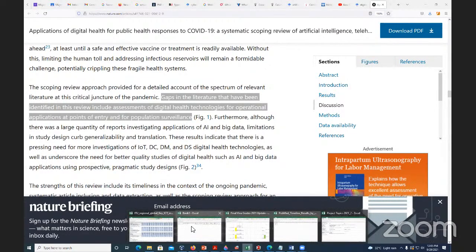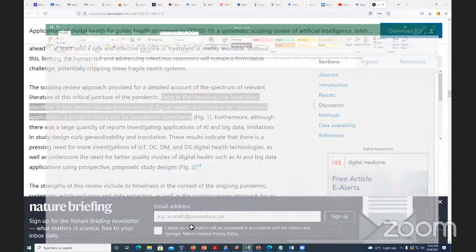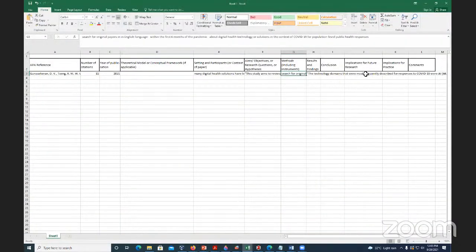And by the way, what I'm teaching you right now is not just for this assignment. So, implication for research. Let me explain why. What I just typed in, let's put it in quotation marks. It's very important when you are reading a paper or trying to find out what is going on in a field to find out what the gaps are.